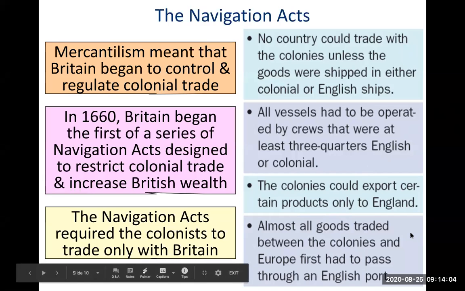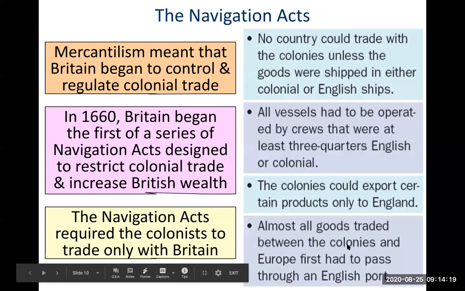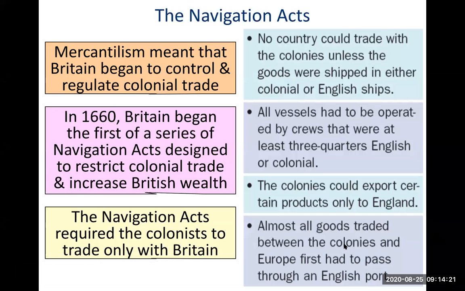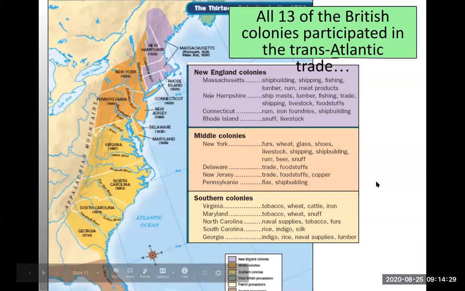So say there was a merchant in France who was going to sell in the colonies, they had to set sail from France, stop at an English port in England, and then continue across the Atlantic Ocean. The reason there being is that by stopping at that English port, you can exact a tax, you can exact a duty, a tariff on that trade.